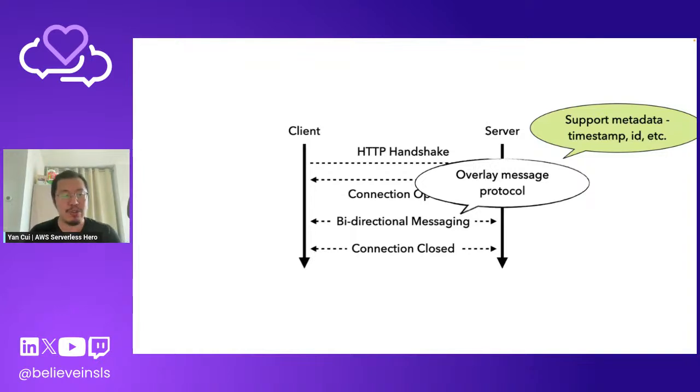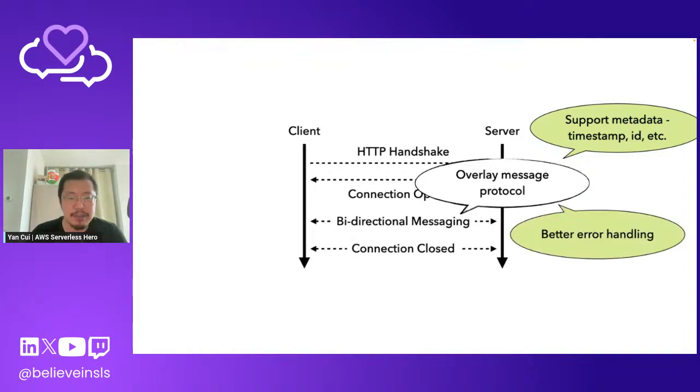It also allows you to have better error handling, with a structured way to return errors to the front end. If the front end sends a command through the WebSocket connection and that command is invalid or you encounter some error, you have a structured way to send back an error, and the client can easily distinguish that from a normal successful response.